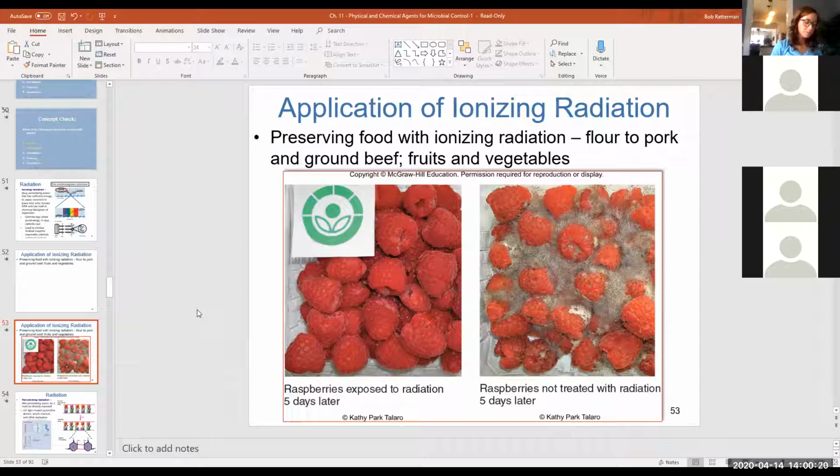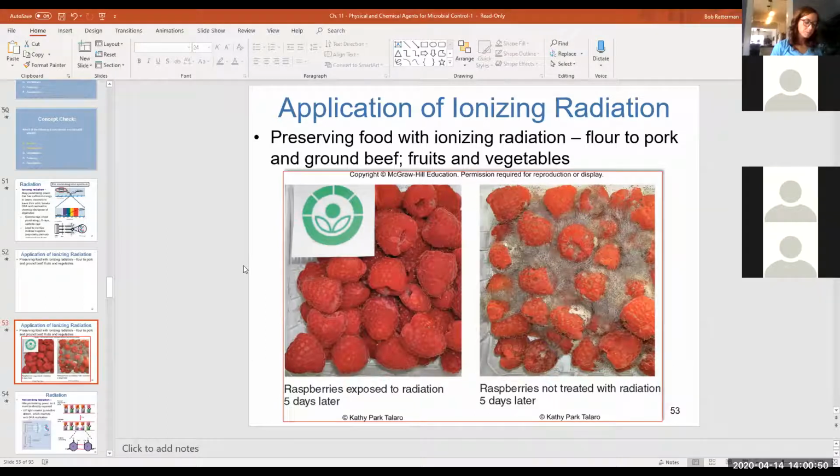Think cancer. Well, tell me if I'm wrong, but wouldn't a lot of people assume it's radioactive, perhaps? Yeah. I think that's what a lot of people think of. We're not talking about inducing radioactivity in the raspberries. We're talking about using the energy to kill the fungi and the microbes that would cause it to spoil faster.